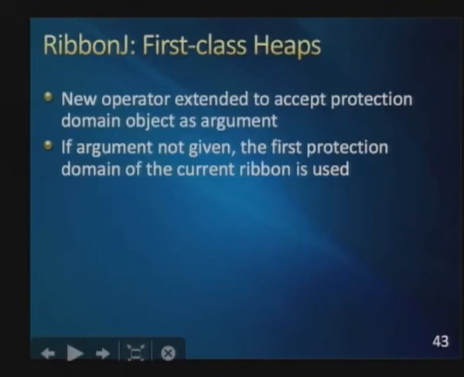Then we extend the new operator. Protection domain objects represent the heaps as first-class objects, regular Java objects that happen to be associated with some area of your memory. The new operator can optionally accept a protection domain as an argument, so you know which protection domain you want to allocate within.